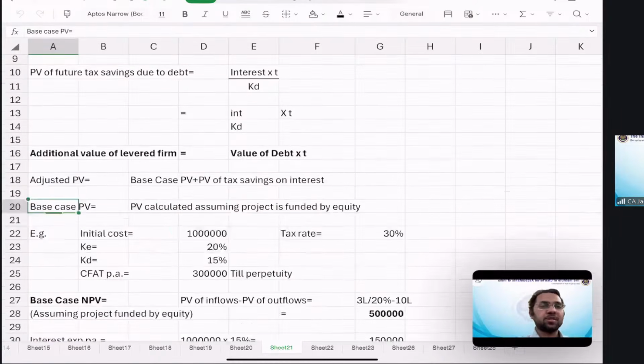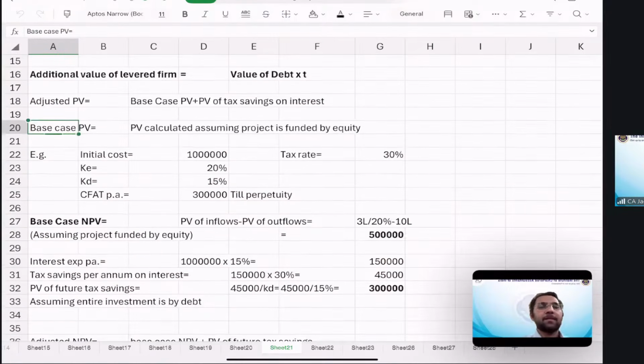So initial cost is 10 lakh, K is 20%, KD is 15%, cash flow after tax is 3 lakh. That's going to be there till perpetuity, and tax rate is 30%. So base case NPV is present value of inflow minus present value of outflow, discounting at 20%, which is your K. So 3 lakh divided by 20% minus 10 lakh, that's going to be base case PV of 5 lakh.